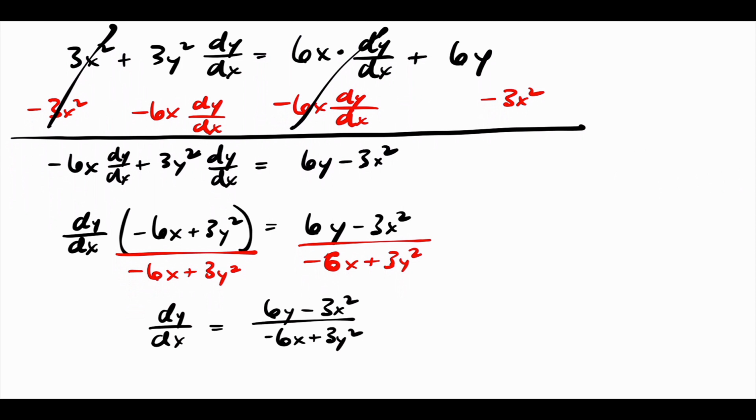I can divide them all by 3, right? So I'm going to do that just to make them a little smaller. So I get (2y minus x squared) over (negative 2x plus y squared).